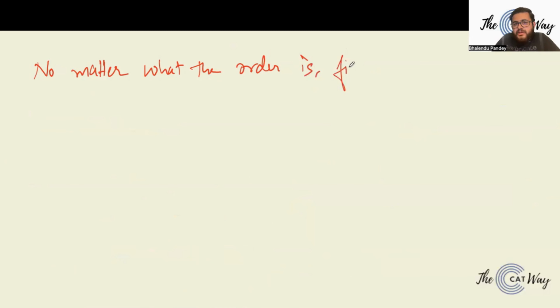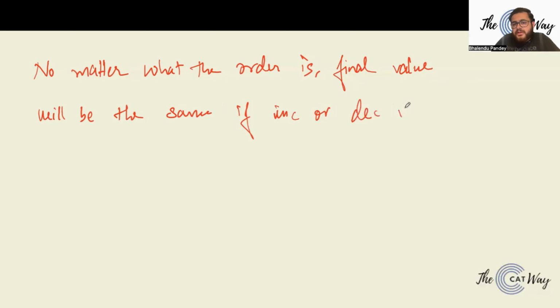Successive discount simply means that no matter what the order is, the final value will be the same if the increase or decrease values are the same.